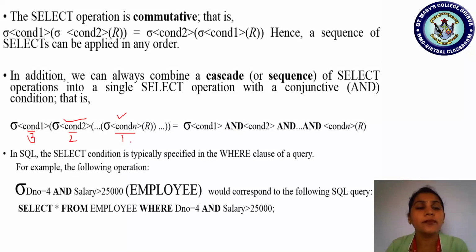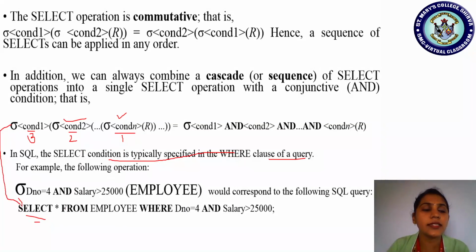In SQL the select condition is typically specified in the where clause of a query. So how do we apply the condition in the query language? Just check, students. Till now we were representing select as sigma, right? Sigma represents select. In our SQL query language we use the keyword select.